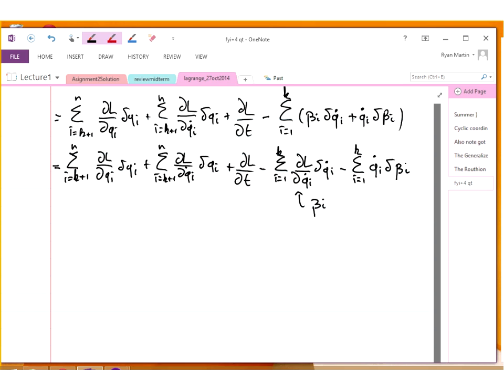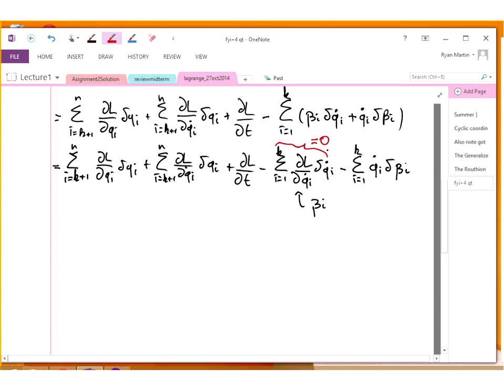Okay, so now this second last term is equal to 0, because we rewrote the Lagrangian L by eliminating the qi dots from 1 to k.